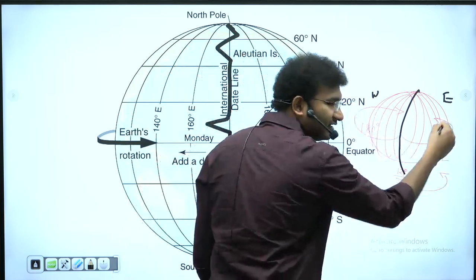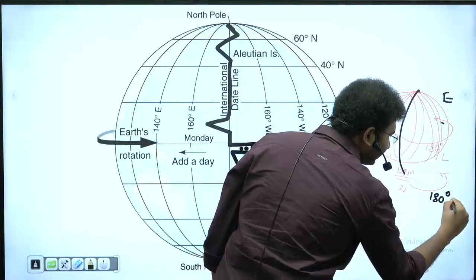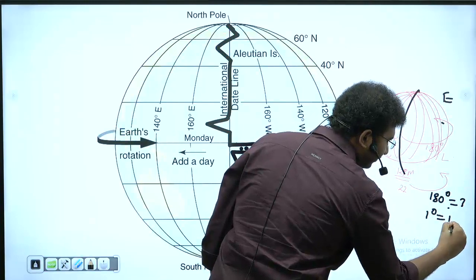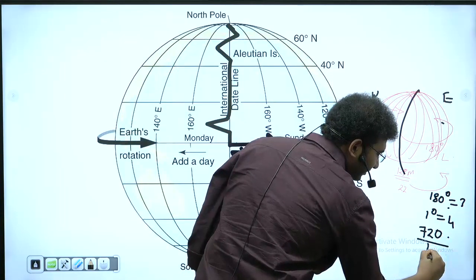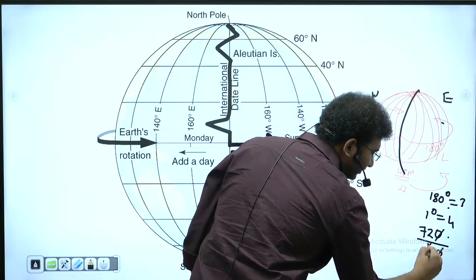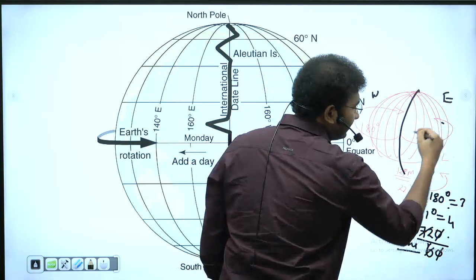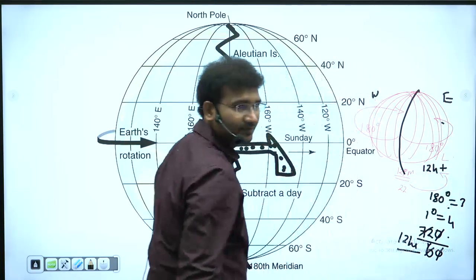Now this is 180 degrees ahead. 180 degrees is equal to how many minutes? If 1 degree is equal to 4 minutes, it is 720 minutes, divided by 60, which is equal to 12 hours. That means this particular place, 180 degrees east, is 12 hours plus.